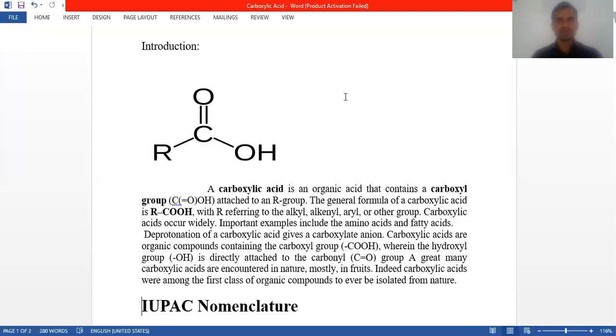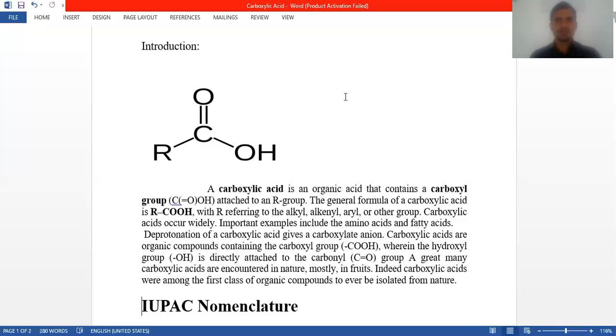These 2 groups are attached with each other and form one functional group, that is the carboxylic group or the carboxyl group. Carbon is attached with oxygen with a double bond, and the OH group is attached to the carbonyl carbon. So the formation of the carboxylic group takes place.